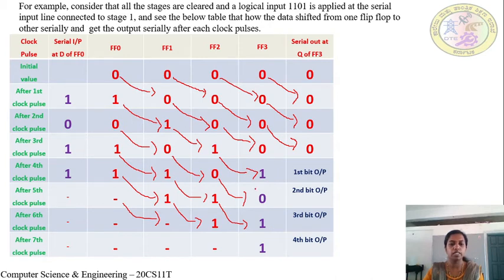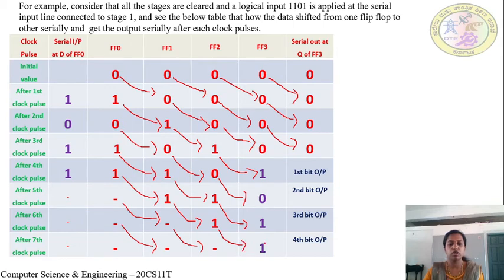So again consider the next clock pulse after the 7th clock pulse. We cannot give any input for FF0, so it is taken as blank or 0. So previous value of FF0 is shifted to FF1, and previous value of FF1 will be shifted to FF2, and previous value of FF2 will be shifted to FF3.